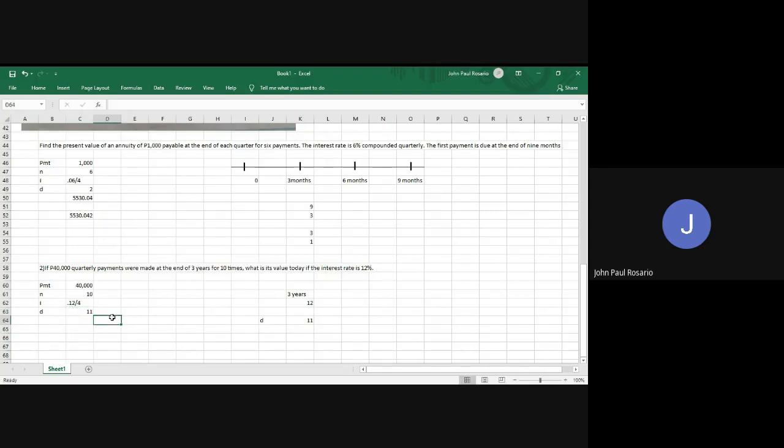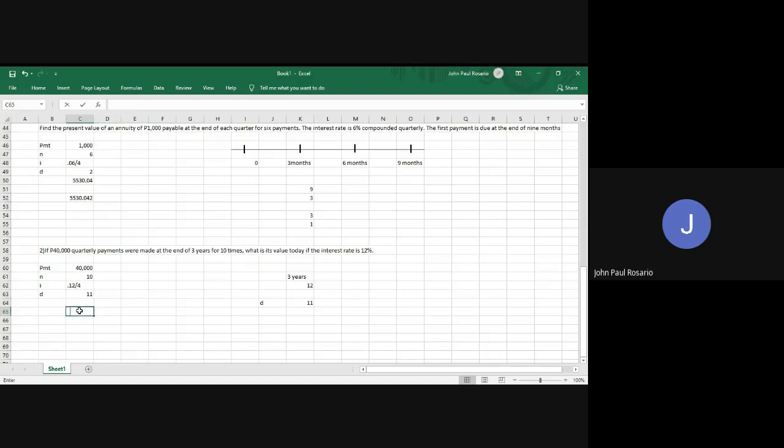So, with that, we solve by substituting our values to the formula.